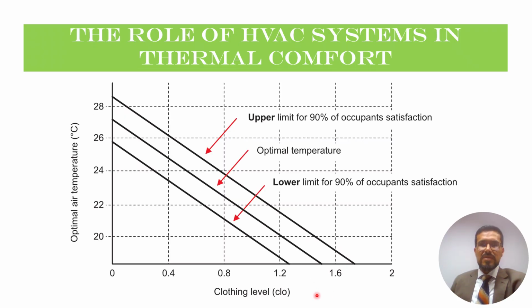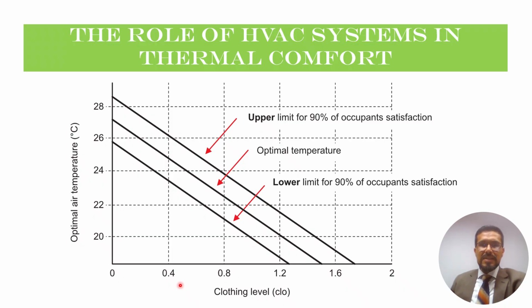So in this graph, we can see plotted the same relationship, where this is the optimal temperature that we just presented, and here are also drawn the upper and lower limits to create an environment that satisfies 90% of the occupants.